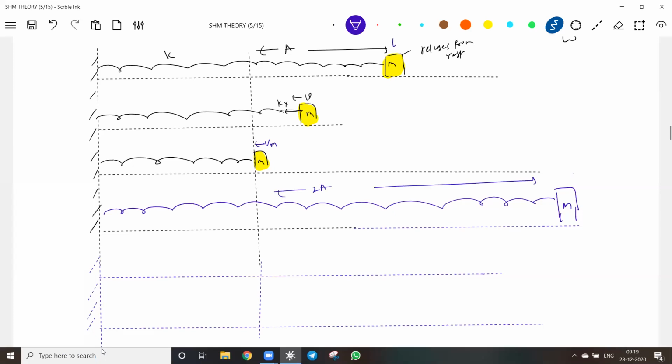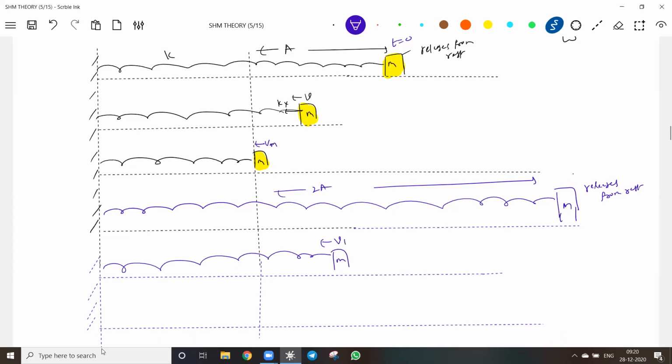At t equals 0, let me release. I can release here, released from rest. By the time it comes here, it will have some velocity.